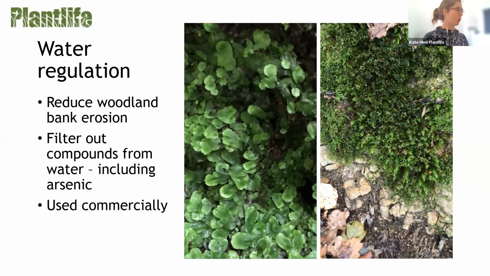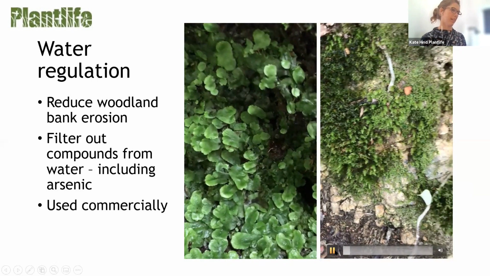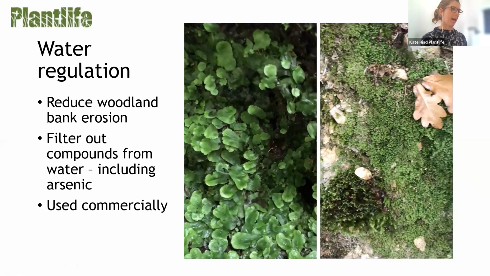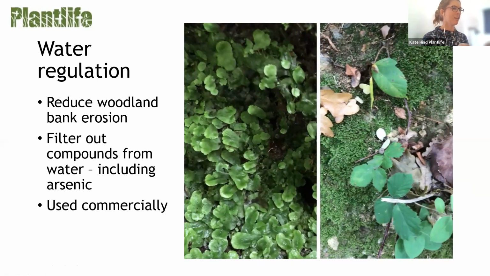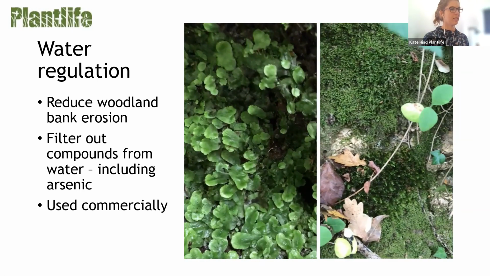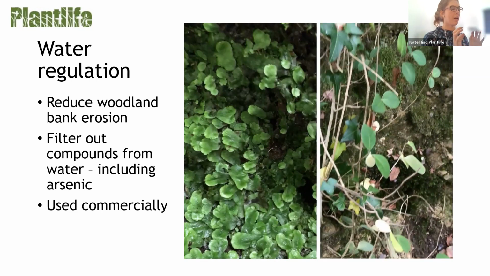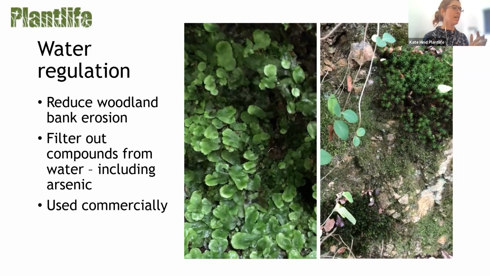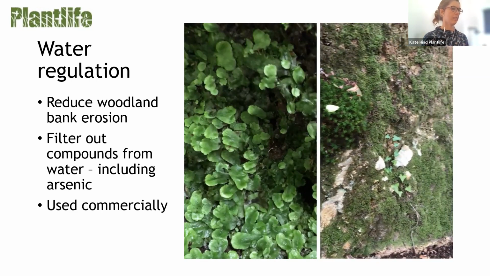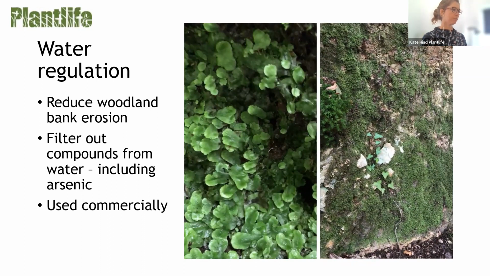And so it doesn't have the opportunity to pick up loads of the soil and different minerals and wash it away. It kind of keeps it in the bank. And this example here is of mosses. So this is another bank, and it's completely covered again by a variety of different mosses. So when it rains, again, it's helping keep that woodland bank from eroding and losing soil and the nutrients. It all stays in the bank.